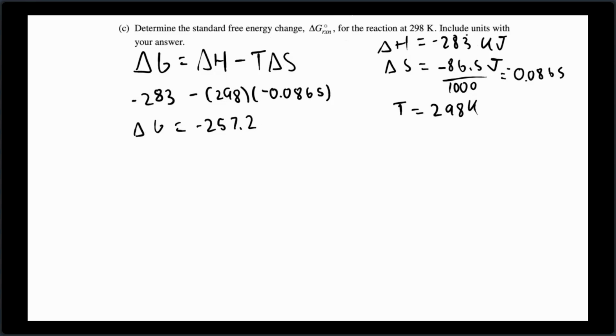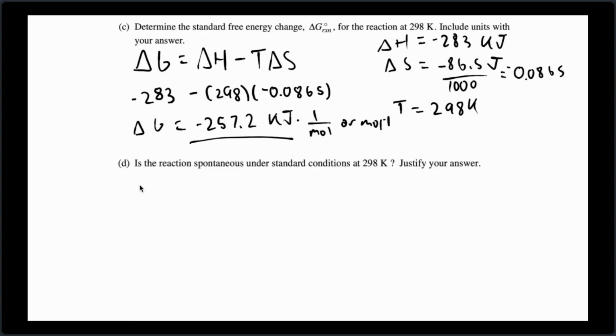And remember, it said include units with your answer. So our units for our standard free energy would be kilojoules times 1 over moles. Or you could put moles to the negative first power. And that's your answer right there.